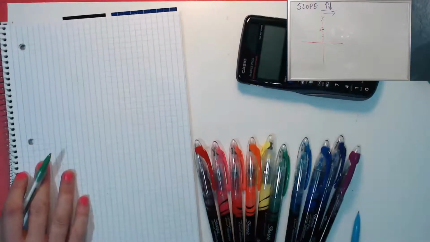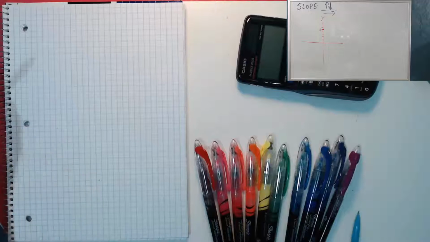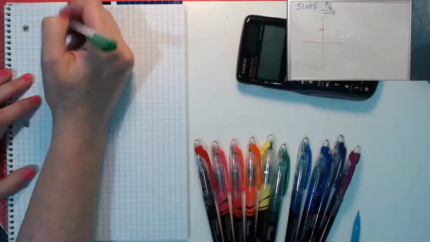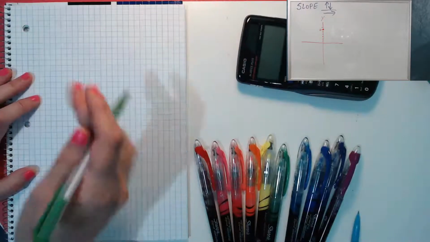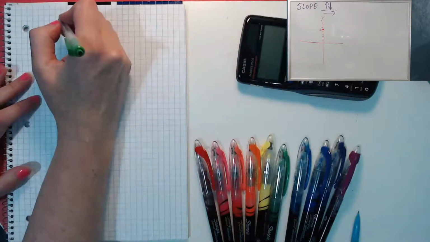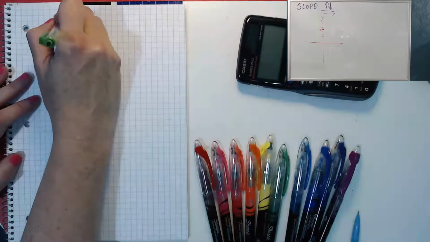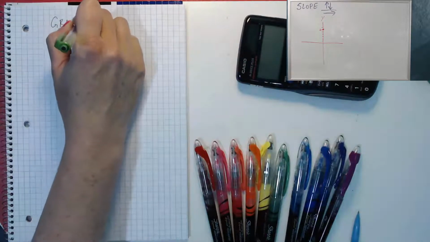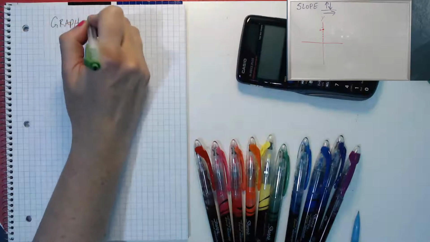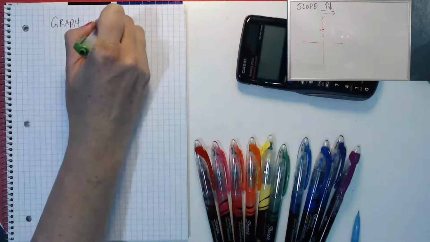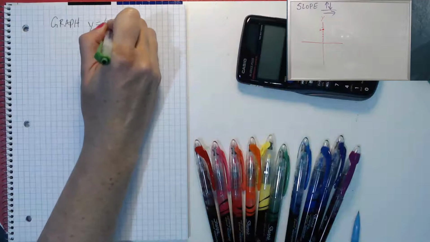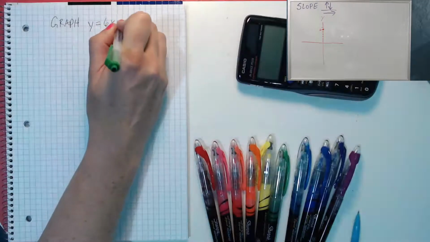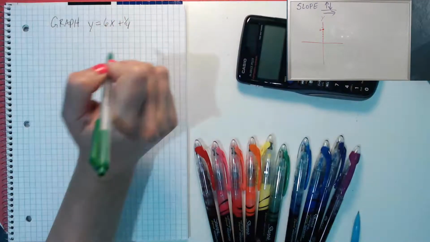Okay, so let's start working that problem. We're going to start graphing these now, just because it's really good practice to graph these. So on your notepad here, we're going to start with graph y equals 6x plus 1/4.